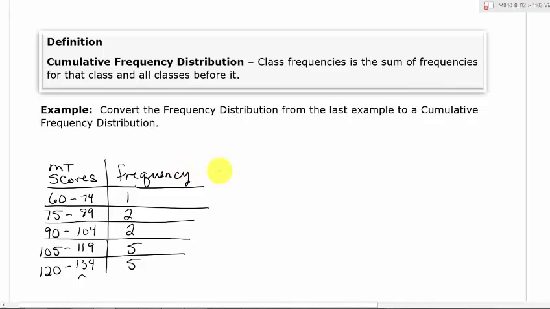And this is just when you get to the very bottom, this bottom frequency should be the total number of data that we have in our data set. So we want our midterm scores again. And here we want cumulative frequency.